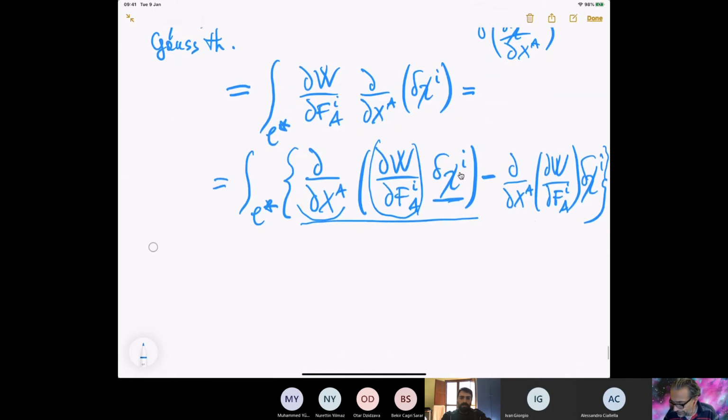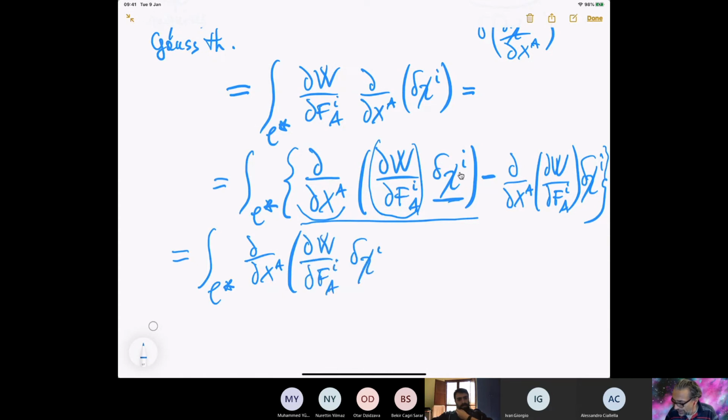So I have now the integral over C star of d over dx_A of dW over dphi_i delta chi_i minus the integral over C star of d over dx_A. This is Piola stress P_i^A delta chi_i.